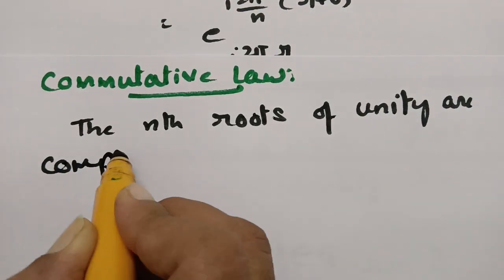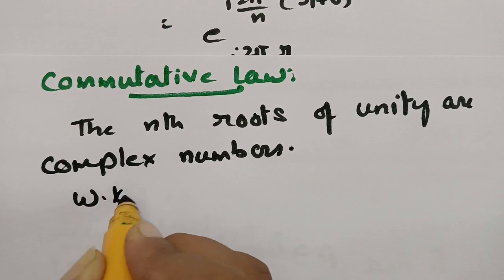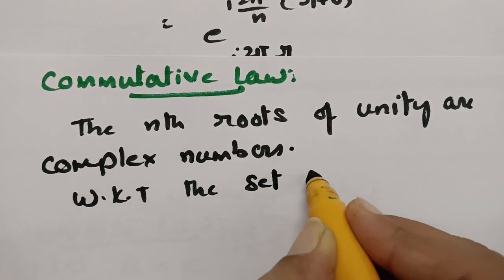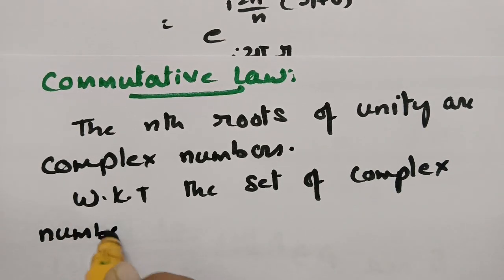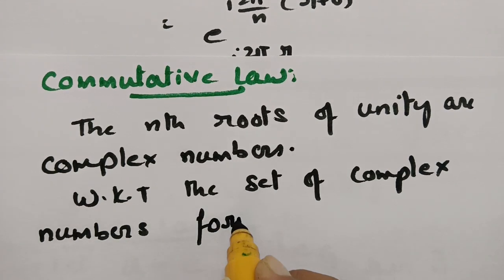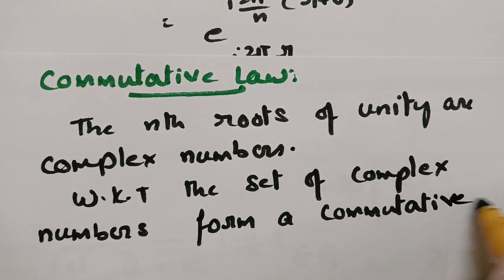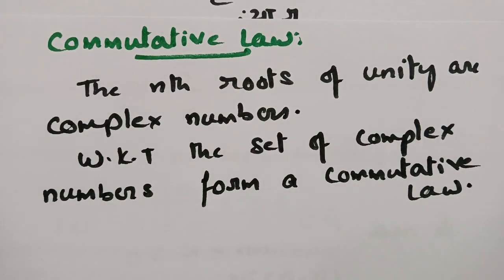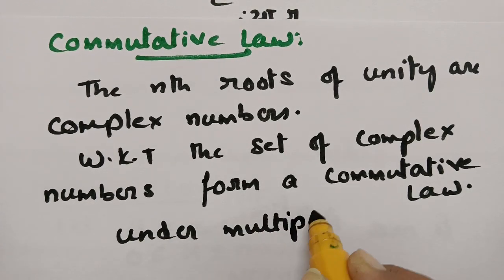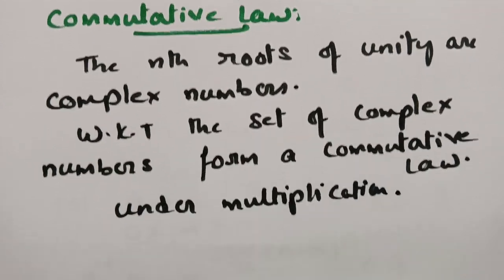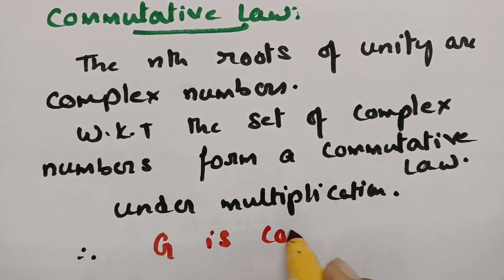And we know that the set of complex numbers form a commutative law under multiplication. Therefore G is commutative.